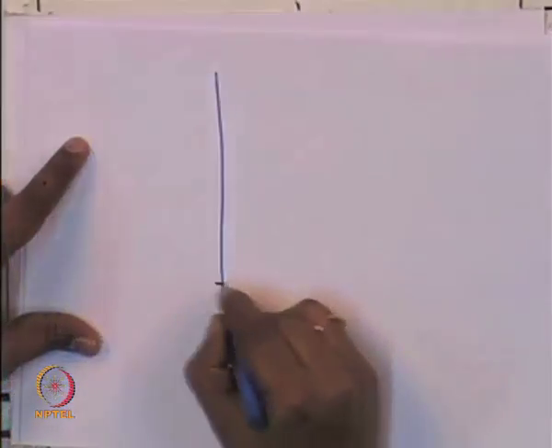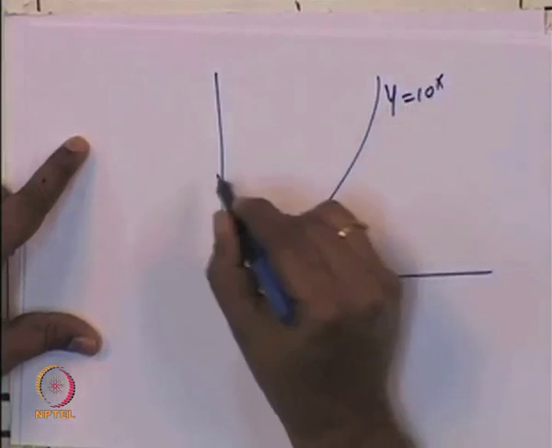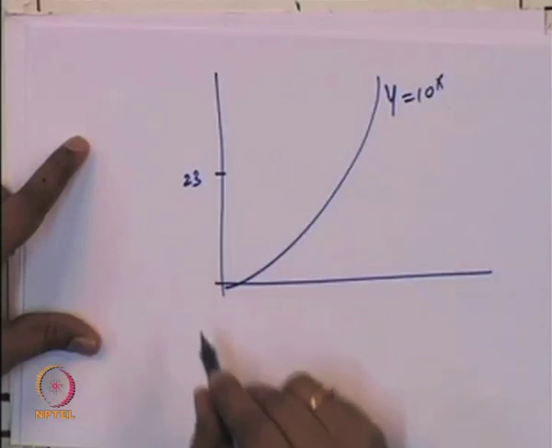So, any log value, if you want to calculate the log of something, one way to do it is that you plot the y equal to 10 power x graph, find that value on the y axis, draw lines, and wherever it hits the x axis, you get the value which is log of that. For example, just like we saw here, if this is y equal to 10 power x, and let us say this is 23.